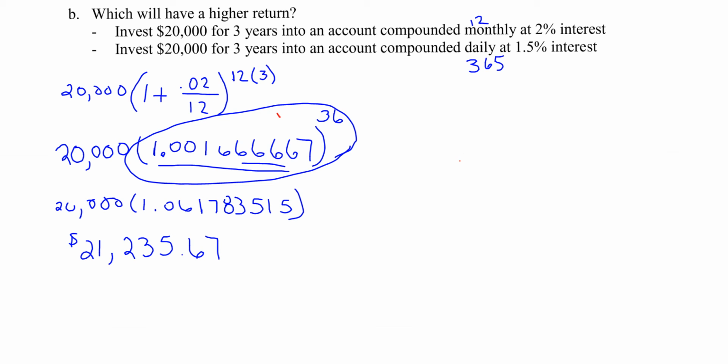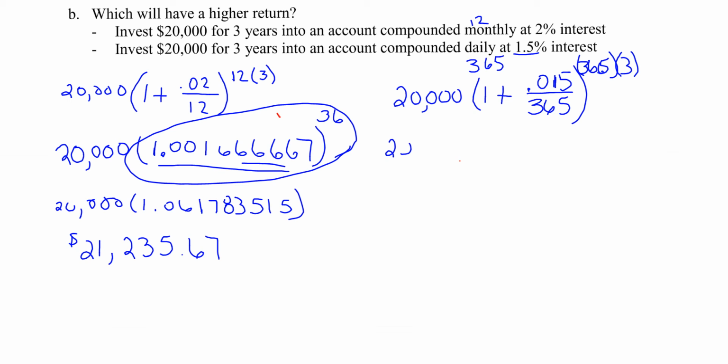Next, for compounded daily, we're going to do 20,000 times 1 plus, my interest rate here is 1.5%, so it'll be 0.015 over 365, and then our exponent will be 365 times 3 years.